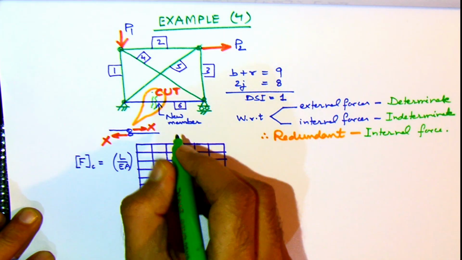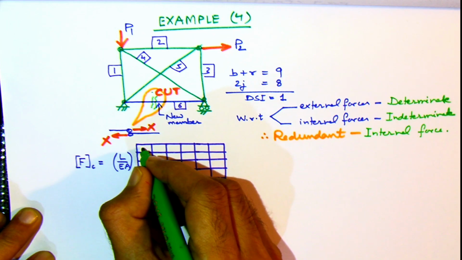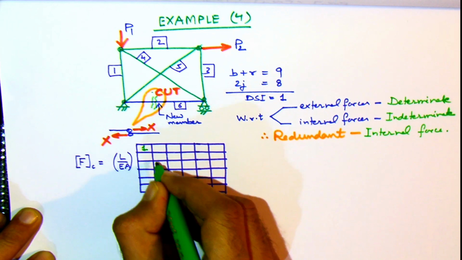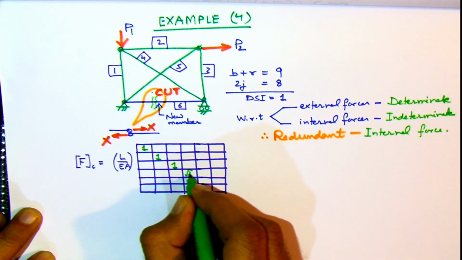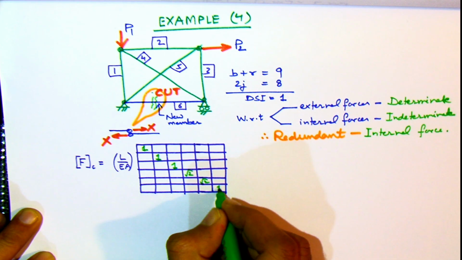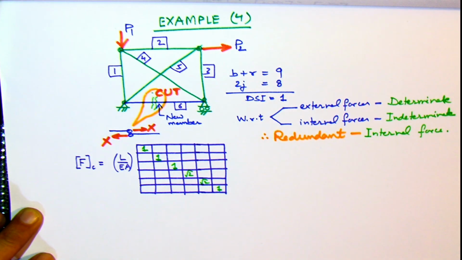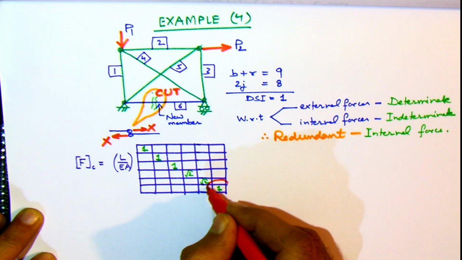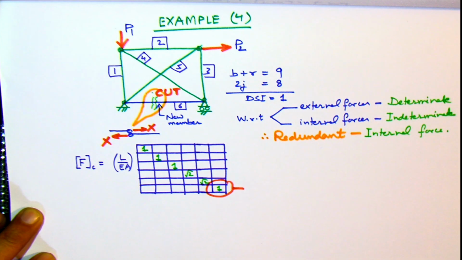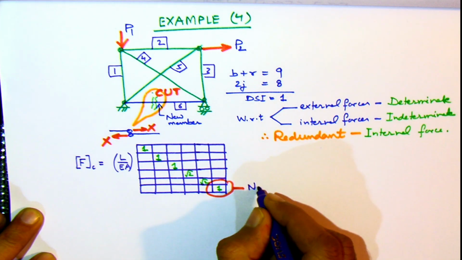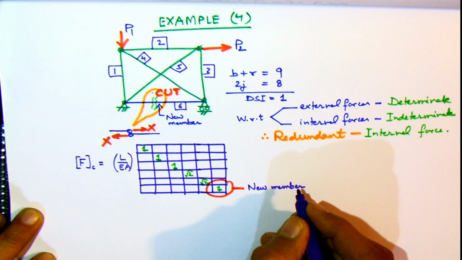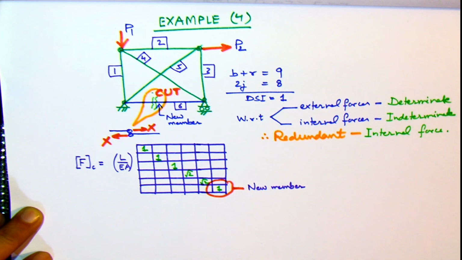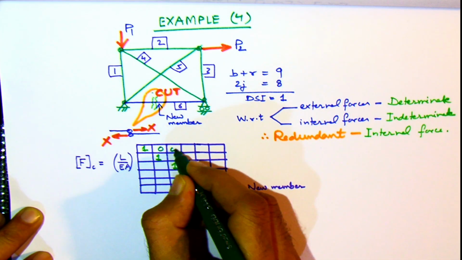We have taken L by EA common, so the diagonal terms are 1 and root 2 for members 4 and 5, which are diagonal members, braces, the term will be root 2, and for the new member the term will be 1. So this is now FC. The rest of the terms are all zeros.